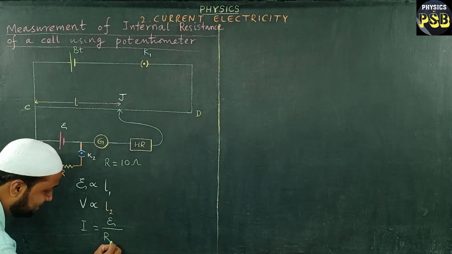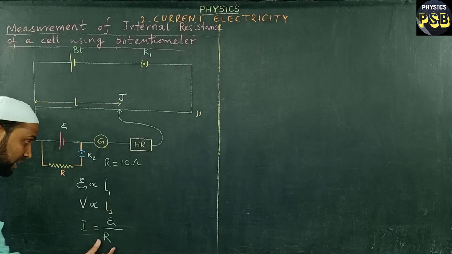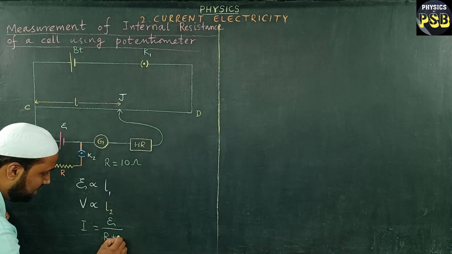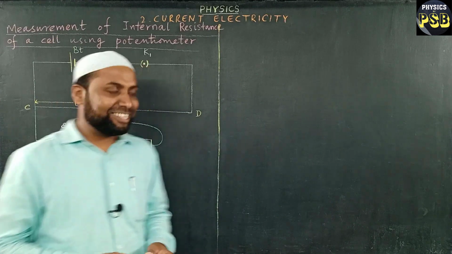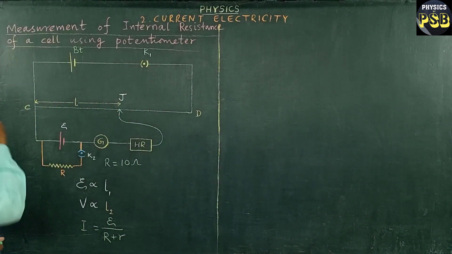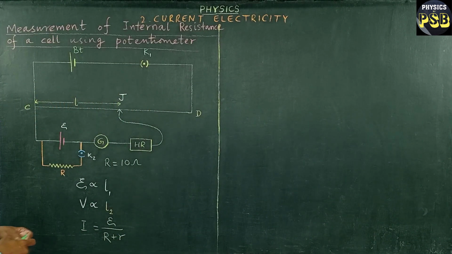Here the total resistance is capital R plus small r. Here small r is the internal resistance of this cell. So this equation is obtained from Ohm's law.